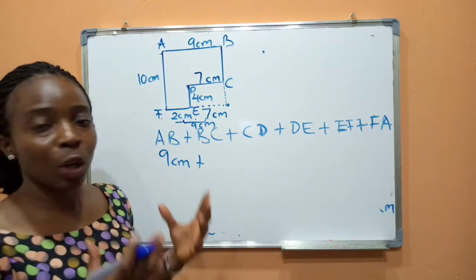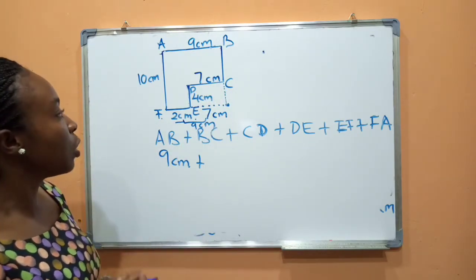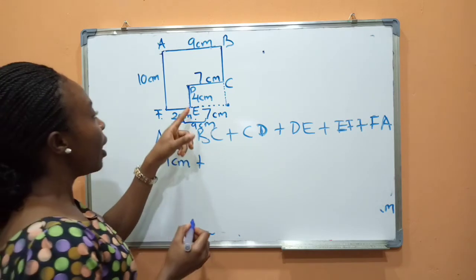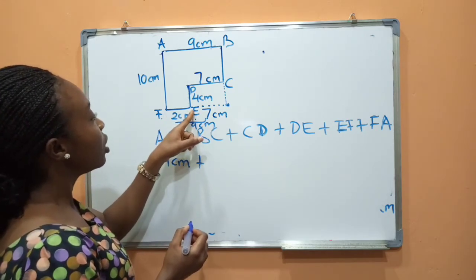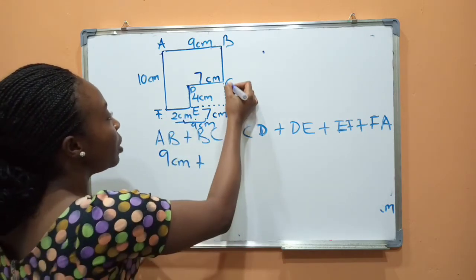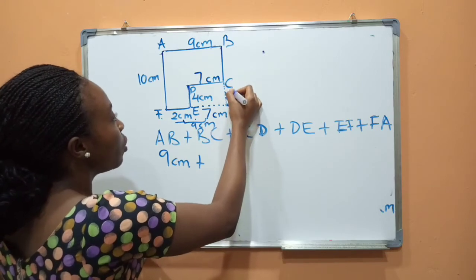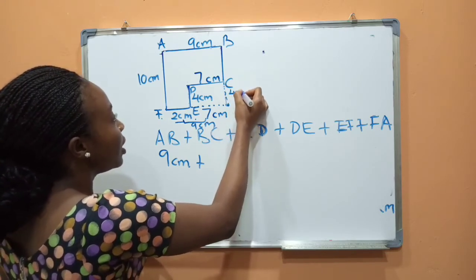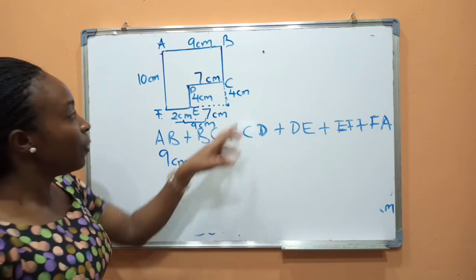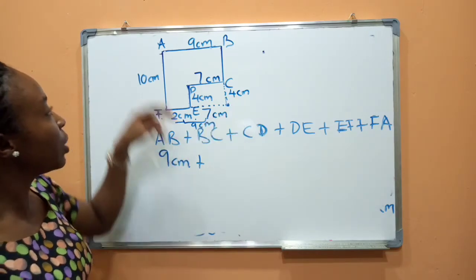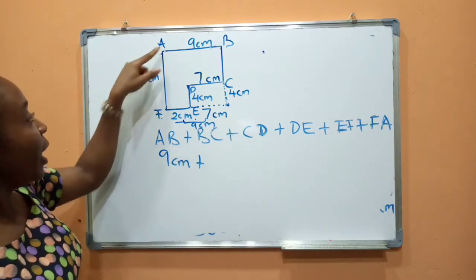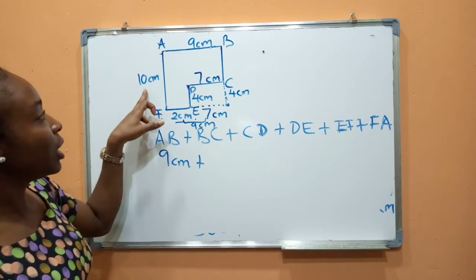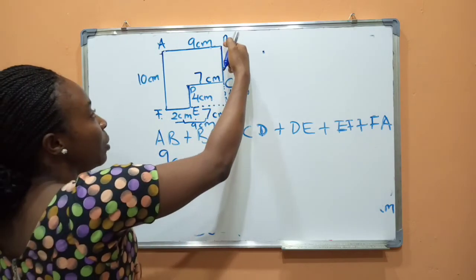We have another unknown again. So let's try and solve for it. Now, since we have DE as 4 centimeters, that means this place is what? 4 centimeters. And if here is 4 centimeters, now take a look at the entire length. A to F is 10 centimeters. So how do we find BC?